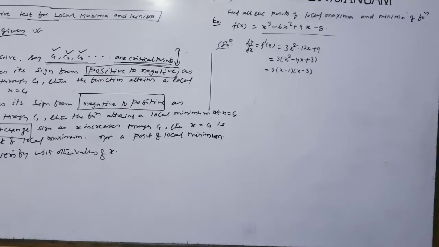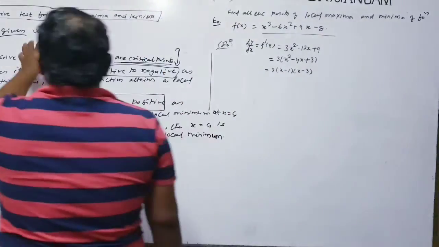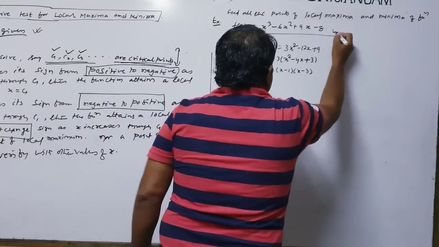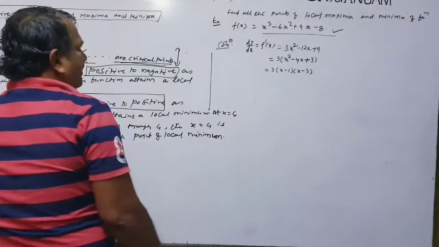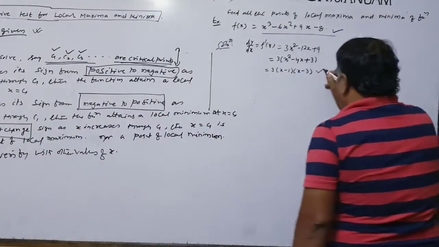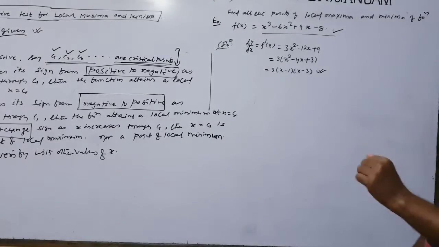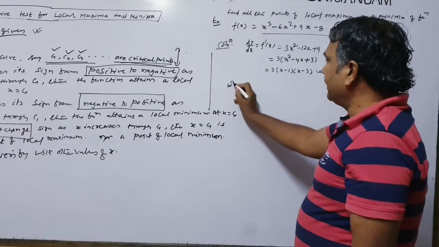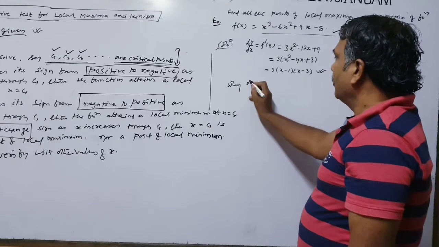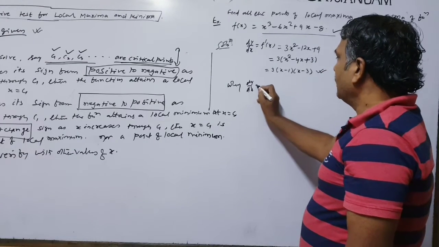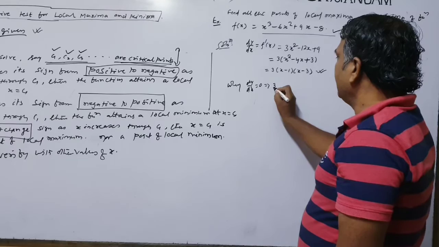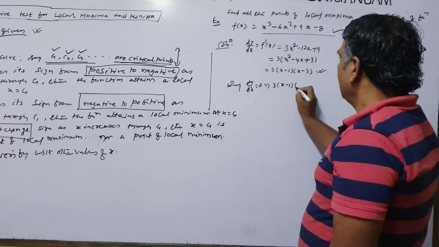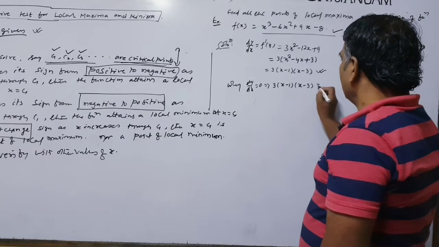Now the function is given, and we found dy by dx. The third point: when dy by dx equals 0, that means 3 into x minus 1, x minus 3 equals 0.